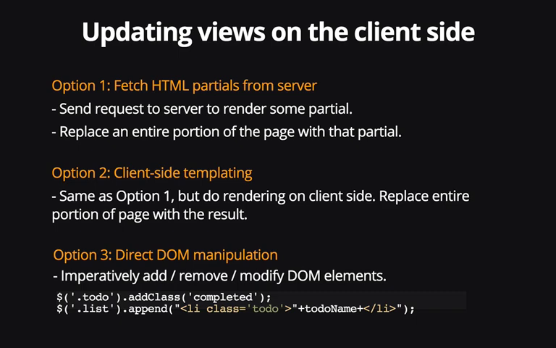When you add a new to-do, you might select your list using, let's say, jQuery, and then append a list item with whatever the name is inside of it. And it's just string concatenation and building up an HTML string. So those are three options. Maybe there are others that you can think of. That's pretty much all I could think of. There are slight variations on them, but I think that's what it comes down to.